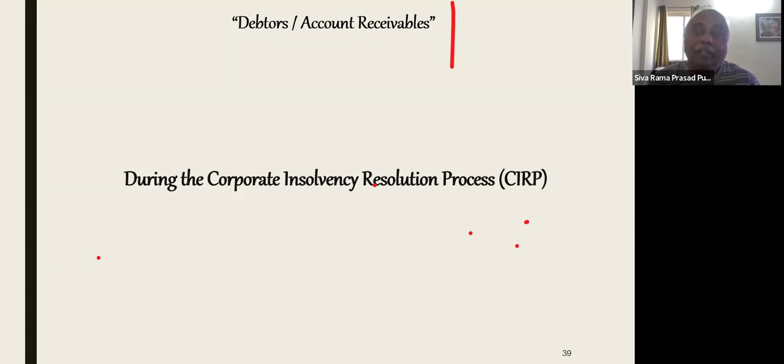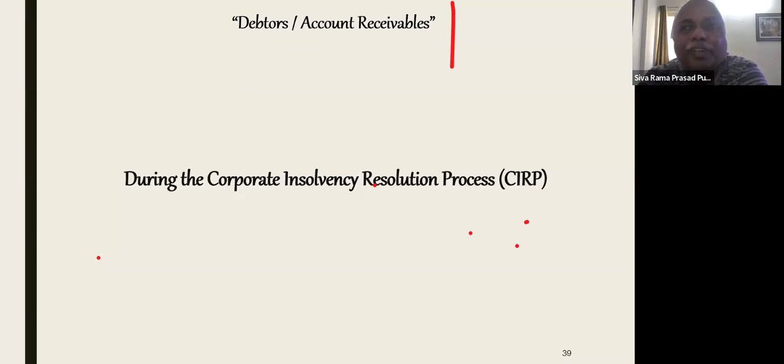Once the company is facing liquidity problems and there is no work, why should I continue the employees? It is a private organization. As long as the going concern continuity is there, full-fledged going concern may not be possible. So that's why in recovery of the data, a lot of scope and potential is there.